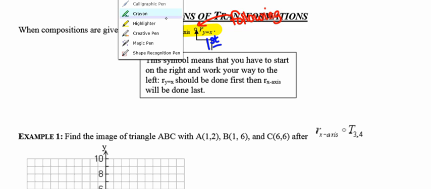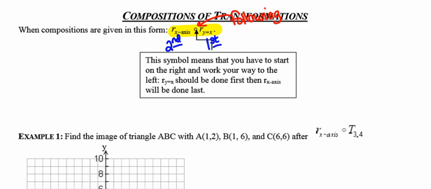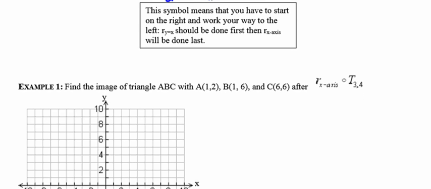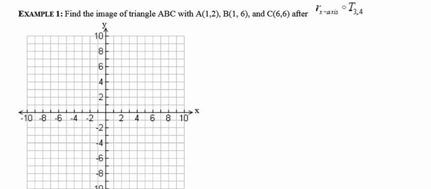So probably the most important thing that you'll see and hear in this video is that open circle, that symbol in between our two transformations, actually means the word following. So let's go ahead and jump right into number one. It says, find the image of triangle ABC with those vertices after a reflection in the x-axis following a translation that moves something 3 units in the x direction, 4 units in the y direction.